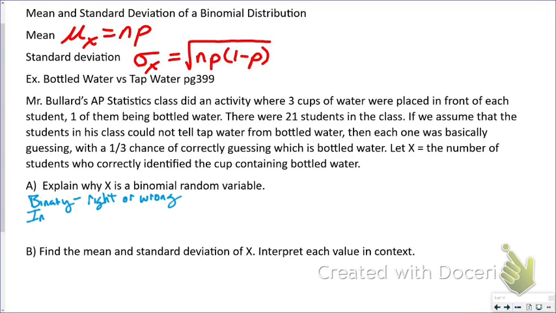It's independent because 21 students are doing this, and each student's guess has no effect on another student.